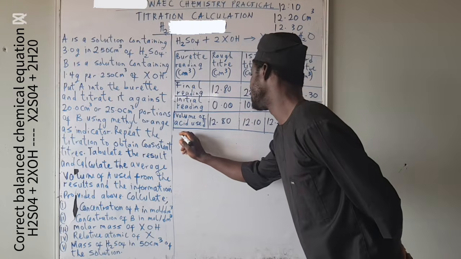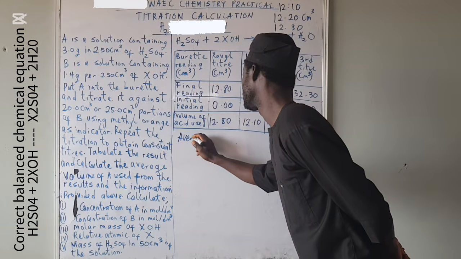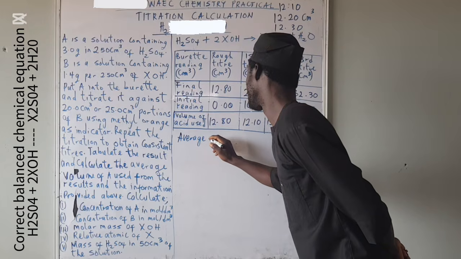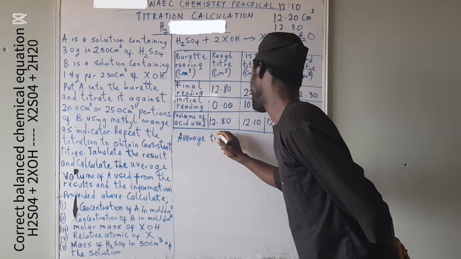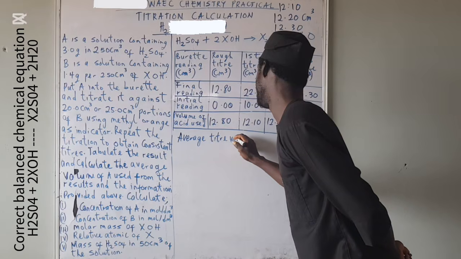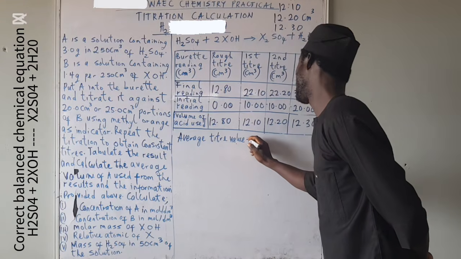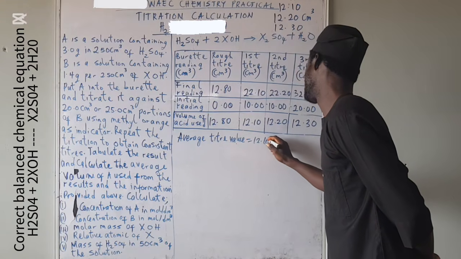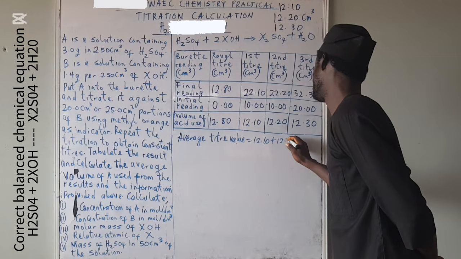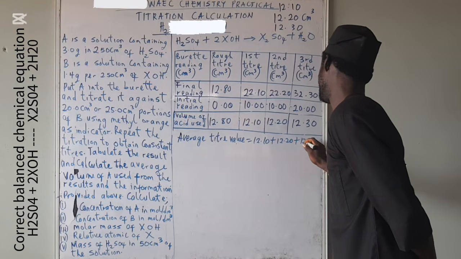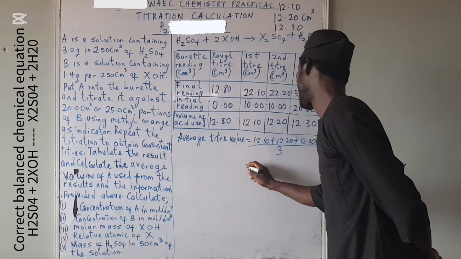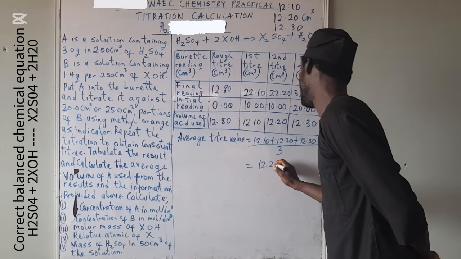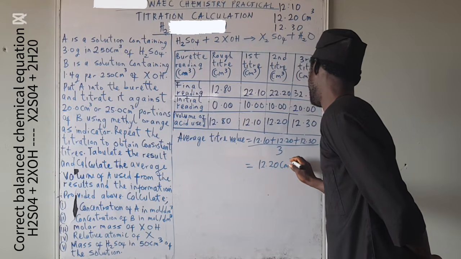So my average theta value now will be 12.10 plus 12.20 plus 12.30 divided by 3, and my answer will be 12.20 cm3.